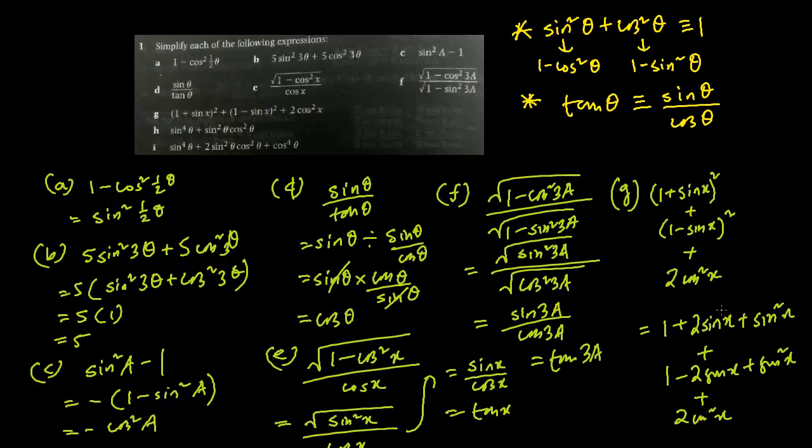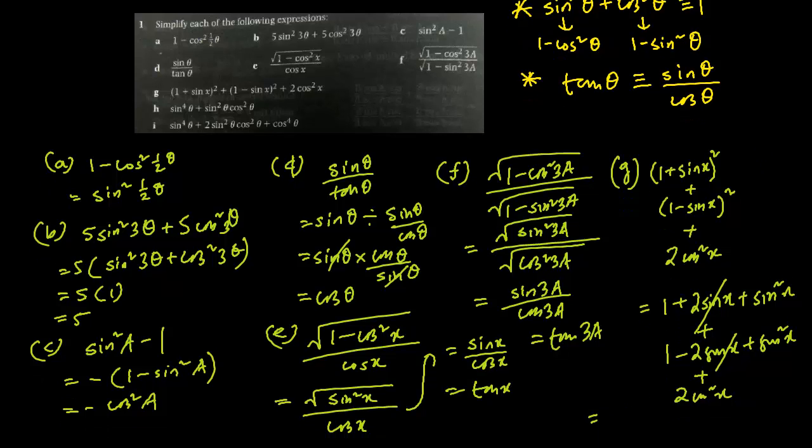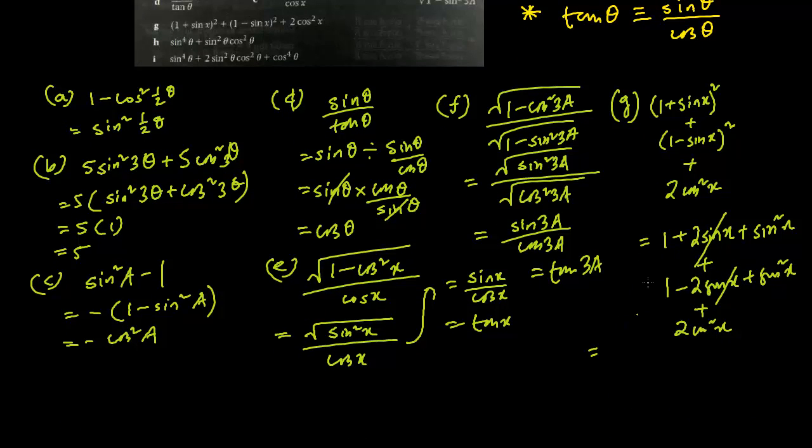Now plus 2 sine x cancels with minus 2 sine x, and plus 1 becomes 2. So let me write it over here. So this is going to be 1 plus 1 is 2 plus sine squared x plus sine squared x is 2 sine squared x.